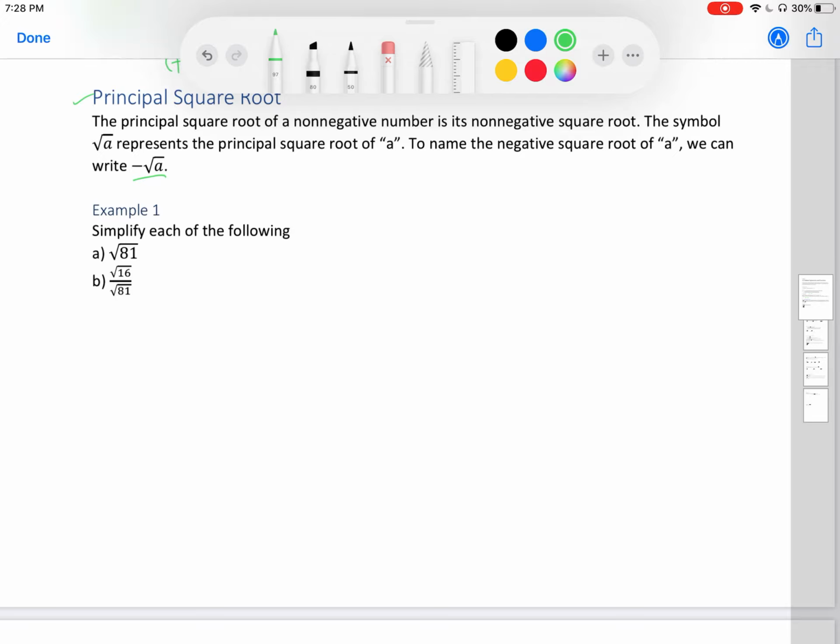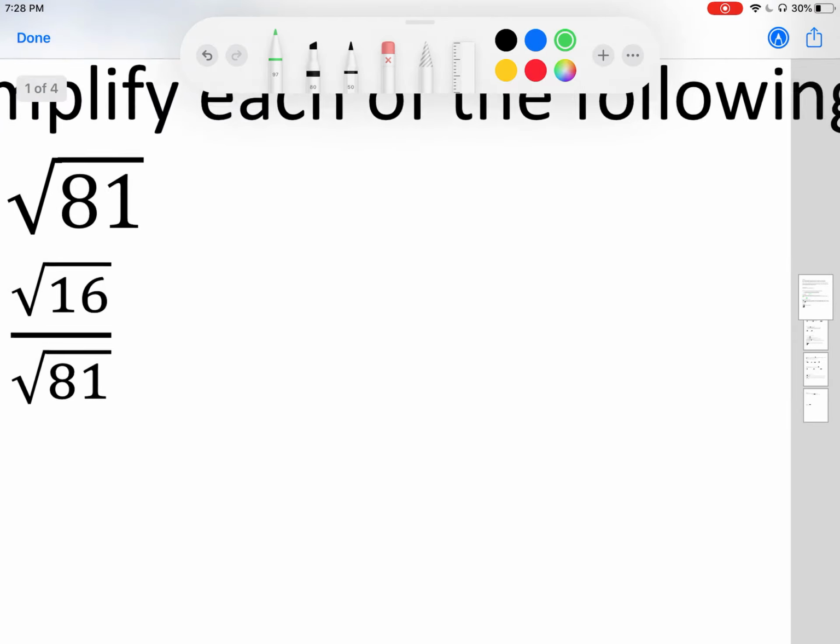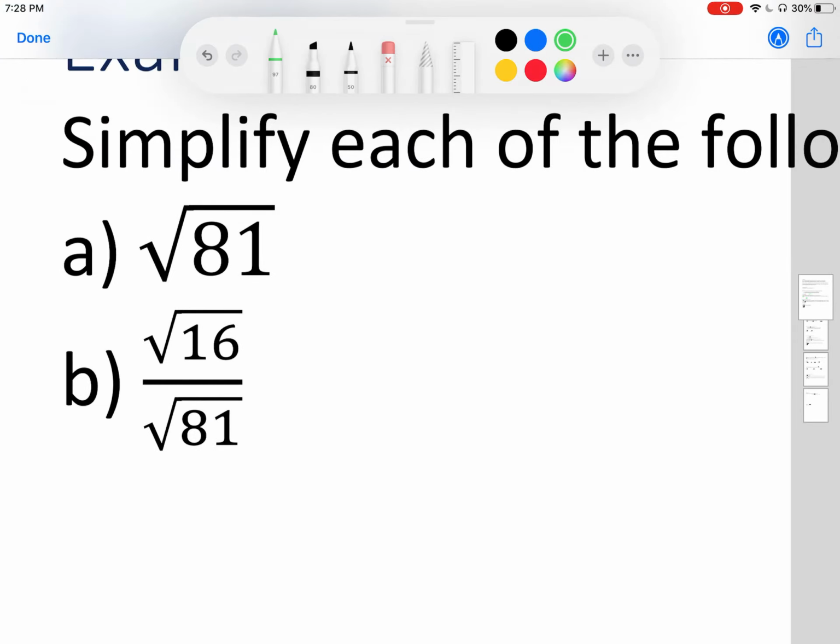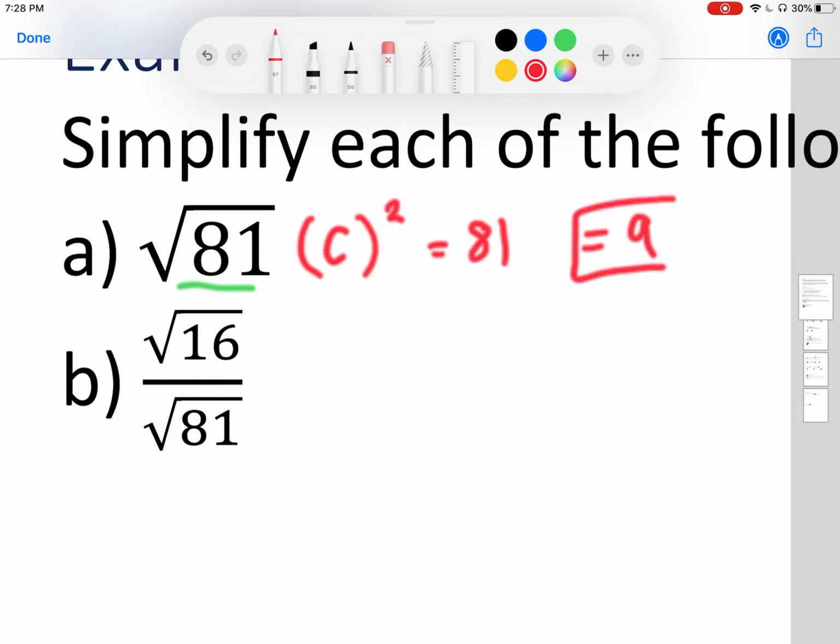Evaluate each of the following. The square root of 81. So I want to think, is there a number such that when I square it, I get 81? 9. So our answer is 9. We can apply the square root separately.